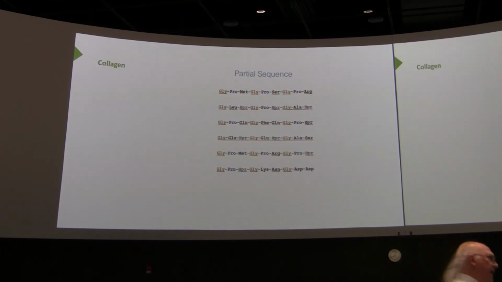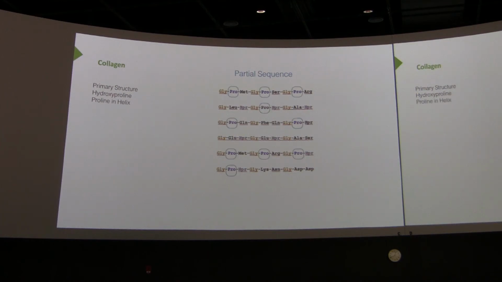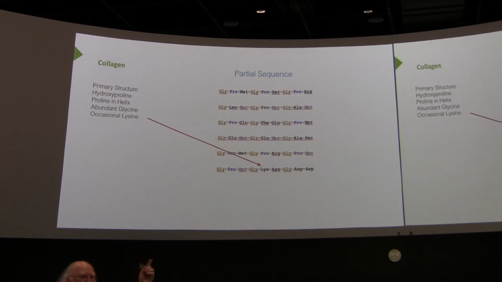Oh, one last thing. Lysine. There's one lysine on there. Nobody noticed I have one lysine. Lysine occurs in collagen infrequently. But it's important because lysine on a strand over here can interact with a lysine on a strand over here. Collagen gives stability because the strands are coiled together. They form a coil of coils. So we have a coil, and that coil is coiled with another coil, just like you braid your hair.